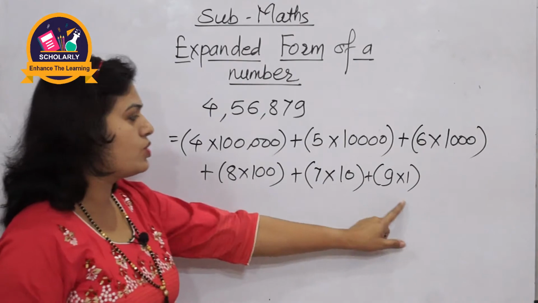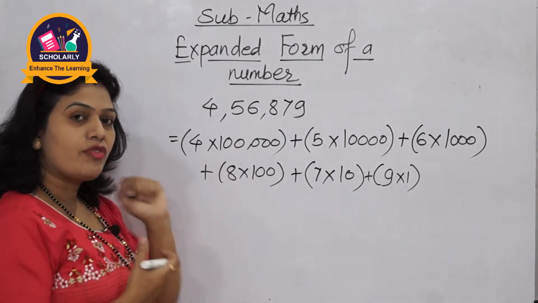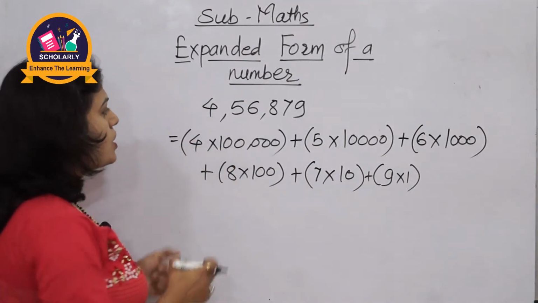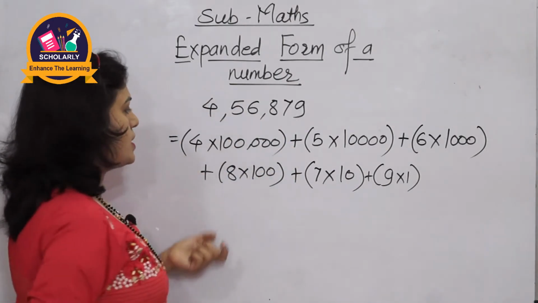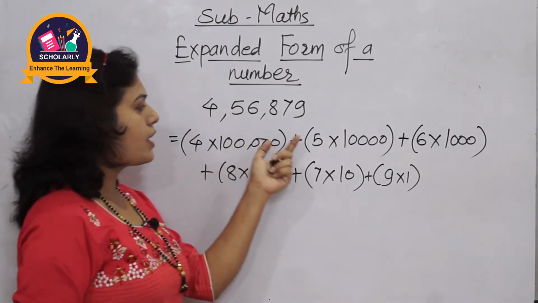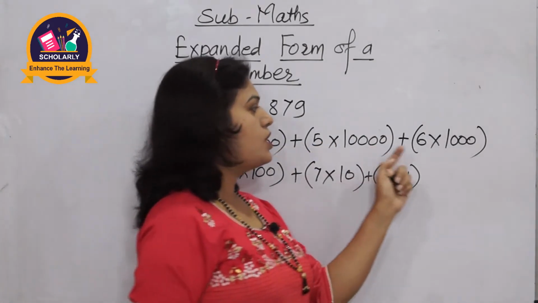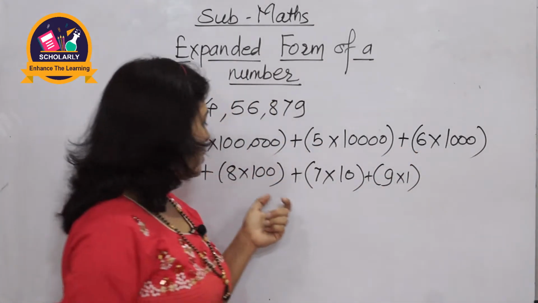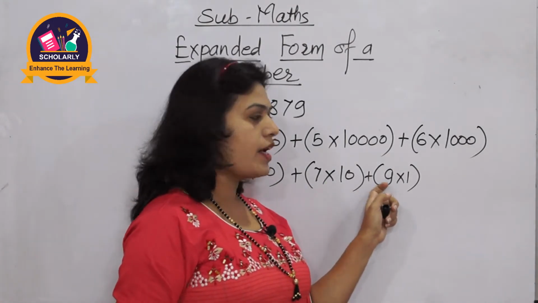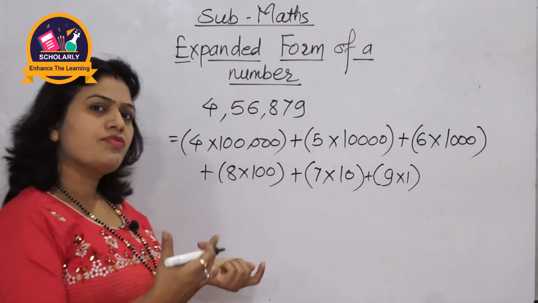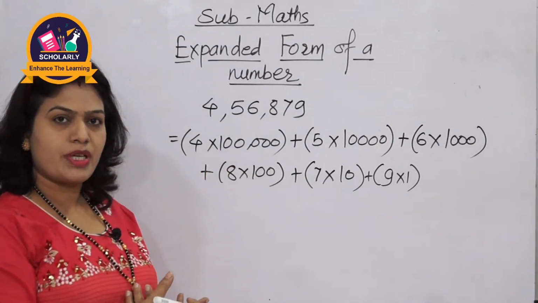So write here 9 into 1. So what we have done is we have written the digits in multiplication with their places: 4 into 1 lakh, 5 into 10,000, 6 into 1,000, then 8 into 100, 7 into 10, and 9 into 1. Then simply multiply them with the places.